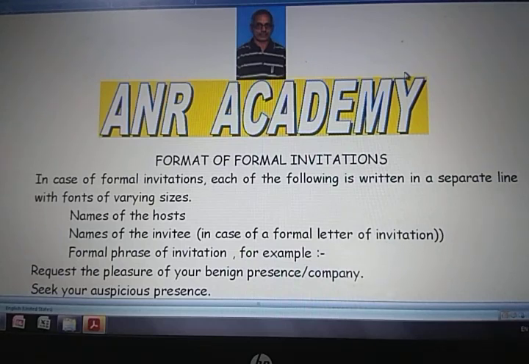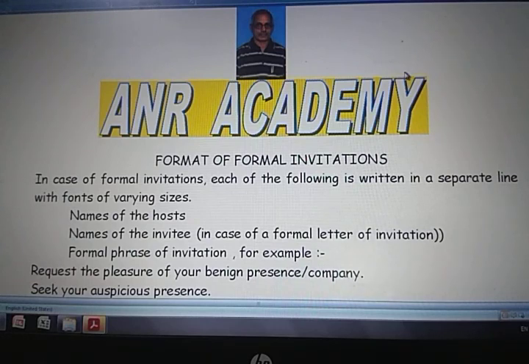So you should learn how to write a formal invitation, and you should learn how to write informal invitation, and next how to write politely about your non-availability. That means refusing your invitation. So now today we learn the format for formal invitations.